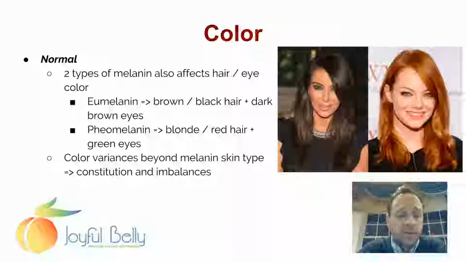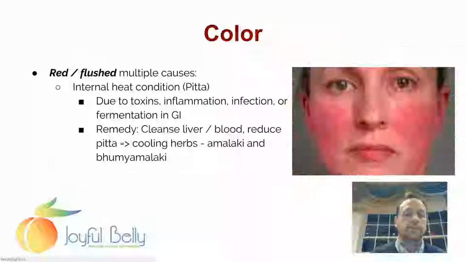If you're a laborer out in the sun, you're going to have a different tan than somebody who is a laborer working at a desk all day. Anyway, color variances beyond your natural genetic melanin skin type point to imbalances, but the genetic ones aren't indicative of an imbalance. Okay?